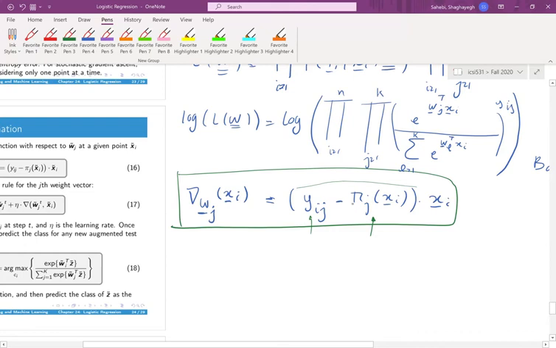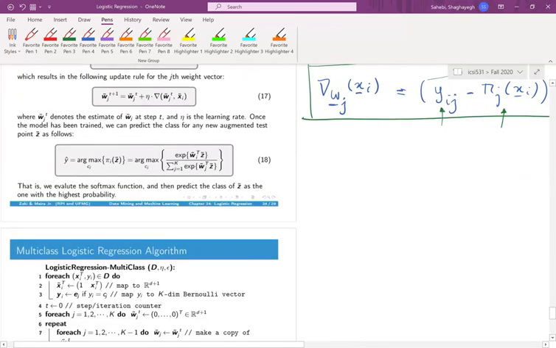We have to correct our vector of weights if we have a big difference between the observed class being 1 and the probability of the data point actually belonging to that class. And so that's one factor. And also if our input data values are large, we are going to update the weight vectors also with more magnitude.